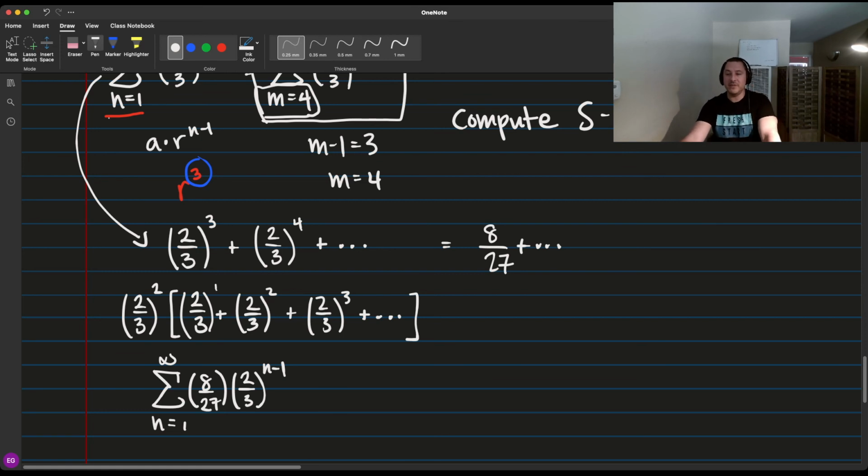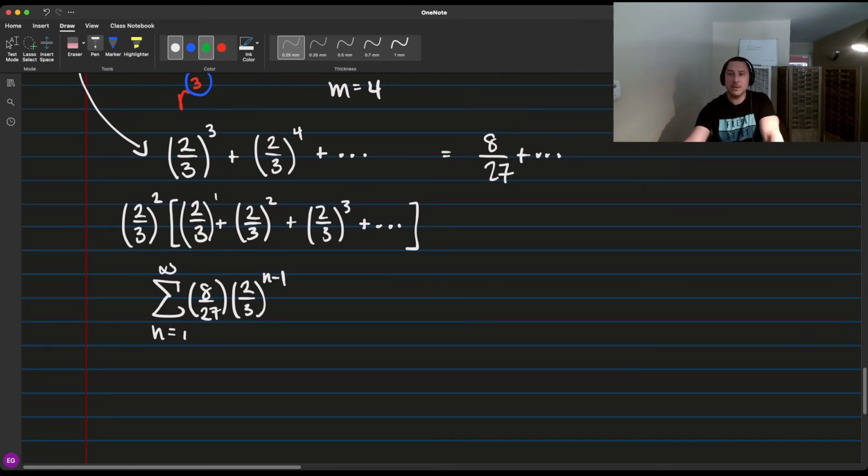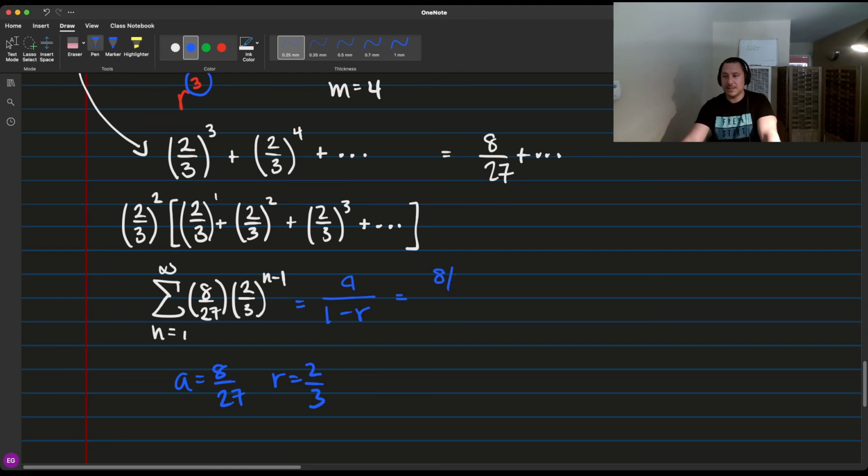So then we could actually figure out the sum. You just identify what A is. A is 8/27ths. R is 2/3. We know that the infinite sum is A over 1 minus R. Our A is 8/27ths. We get 1 minus 2/3.